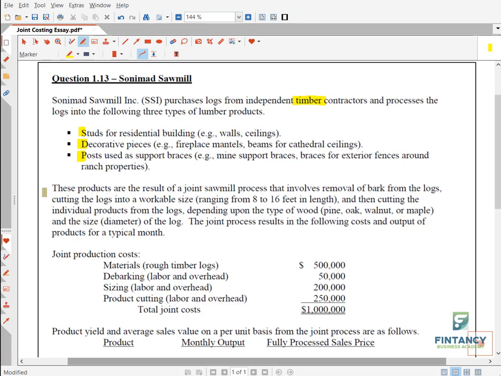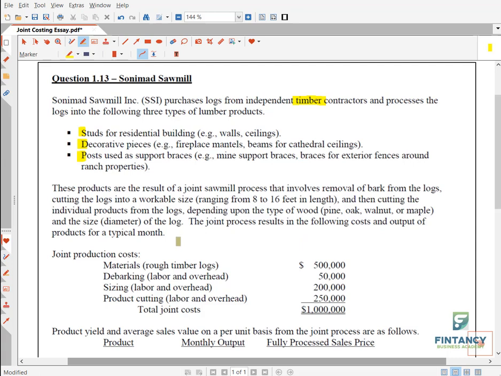So these products are the result of a joint process that involves removal of bark from the logs. When I saw this question for the first time, I thought they were saying bark from the dogs. No, because the dogs, they bark.